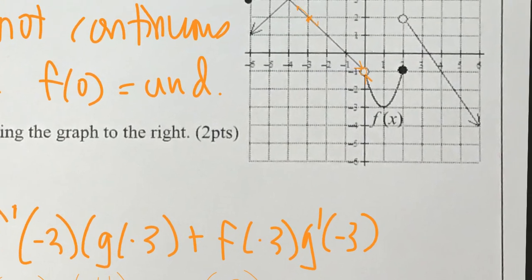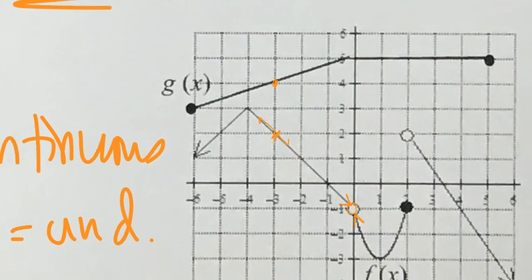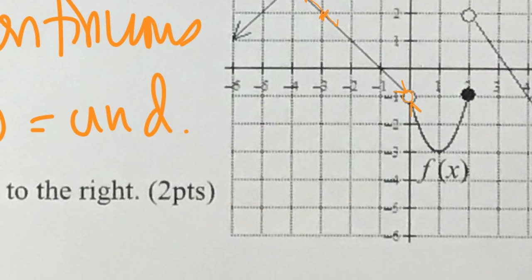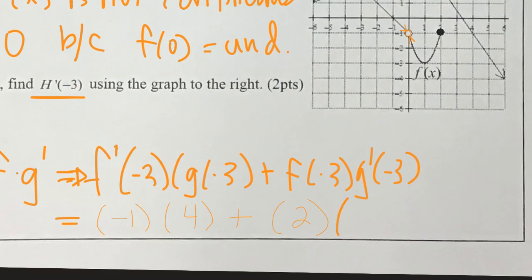And then g prime at negative 3 is the slope of the line at negative 3. So it looks like it's up 1 over 3. I think it's supposed to be going to this point right there. If you look to the left and the right, I would say it's 1/3.